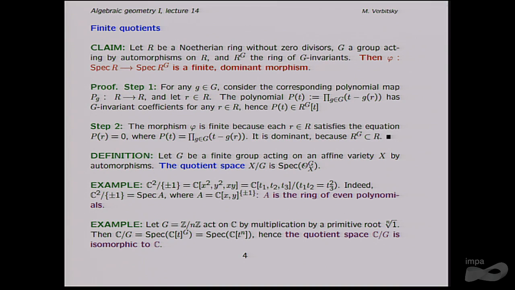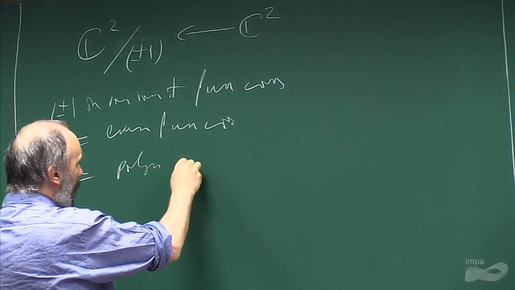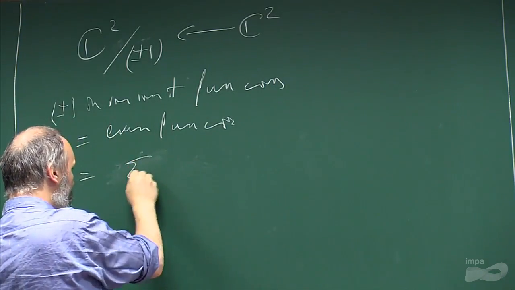And the plus minus 1 invariant functions are just even functions. This is the definition of an even function: a function which is invariant under the involution x goes to minus x. And we know what even polynomials are. So it's polynomials, sums of monomials of even degree.